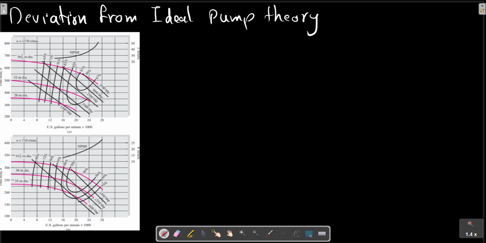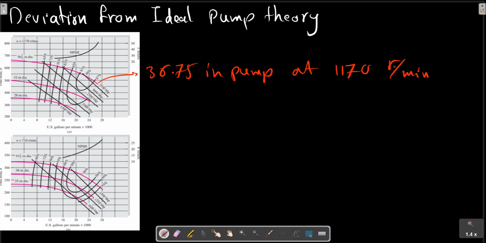For example, for the pump as shown in the diagram of the option here, an inch pump at revolutions per minute, as shown here.